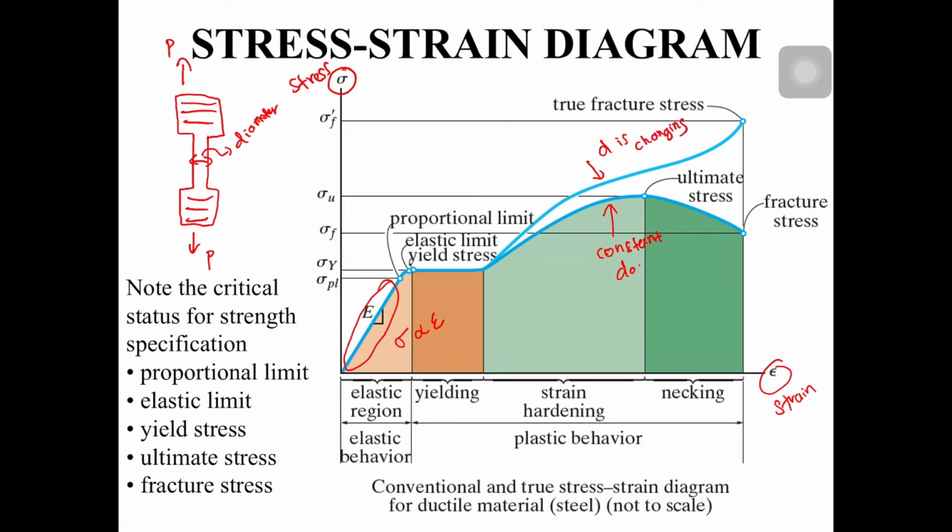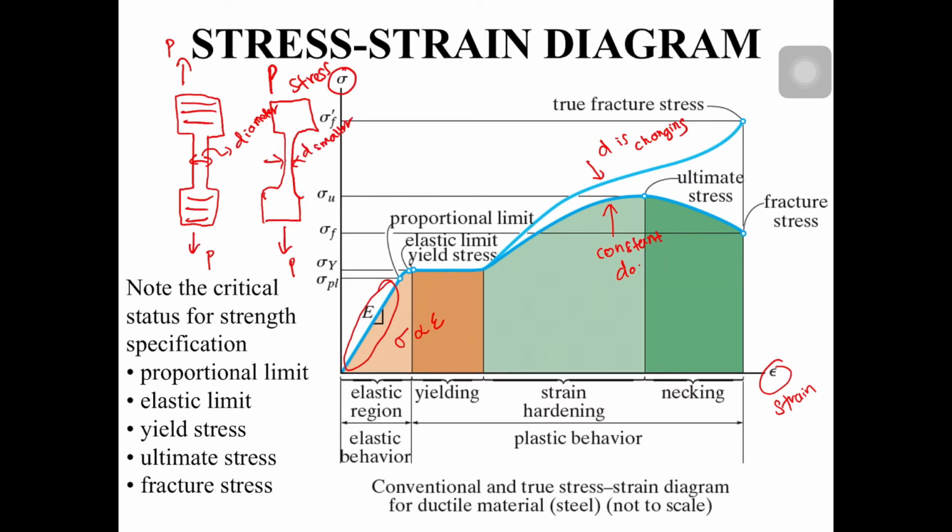Okay, because when you pull, after some time it becomes smaller, right? It becomes very small. When we put P, it becomes smaller, so the D here will become smaller.